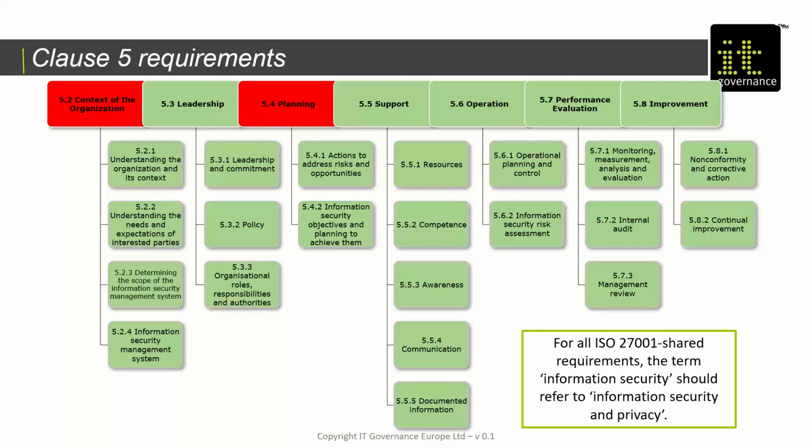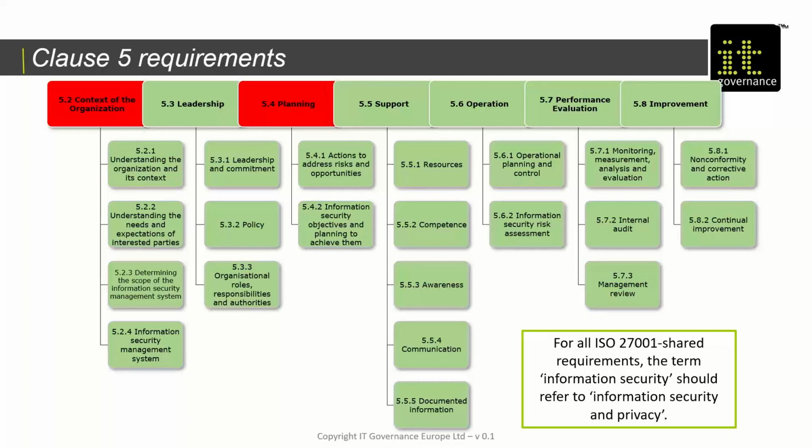In addition, the organisation must apply a privacy risk assessment process to identify risks related to the processing of PI within the scope of the PIMS. This means extending an organisation's existing risk management framework to ensure risks relating to the processing of PI are assessed.